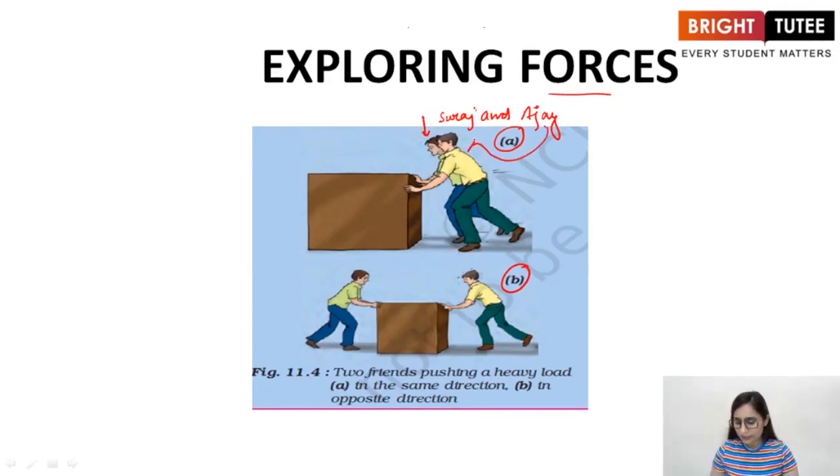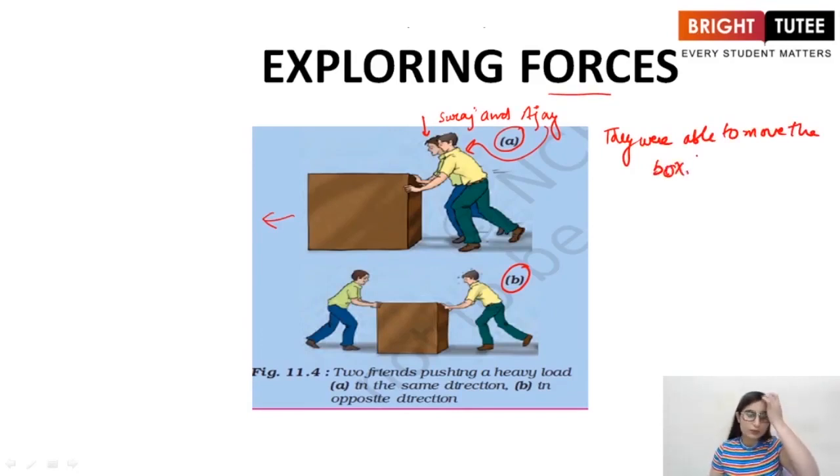Then Ajay came and started to push the box from the same direction, right? He also came alongside Suraj and started pushing the box, and eventually they were able to move the box. They worked together and they were able to move the box.